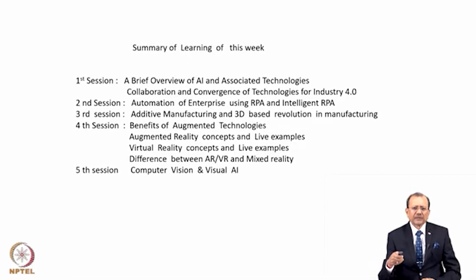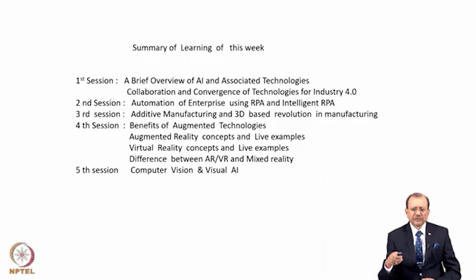Now we have come to the end of this session, and I'd like to summarize what we have learned this week. One, in the first session we learned about the associated technologies, especially AI and associated technologies, and their collaboration and convergence, and the role of AI.